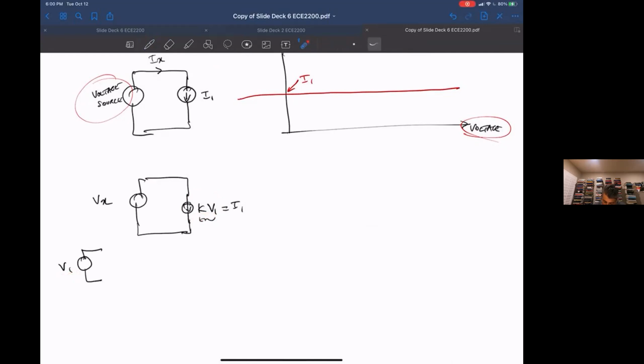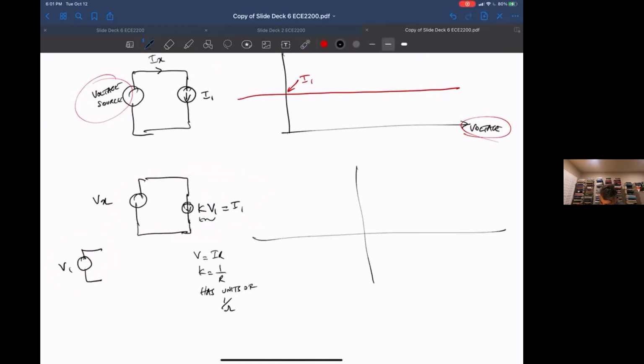This K has units of 1 over ohm, some constant multiplied by V1, which is sitting out unconnected to the current source I1. Okay, so now what happens?